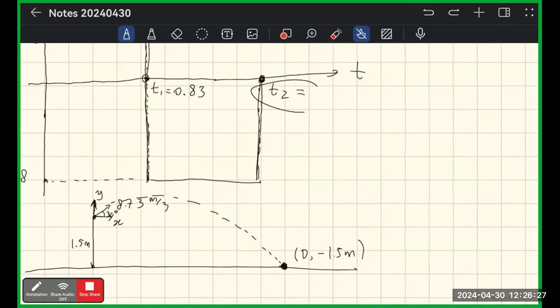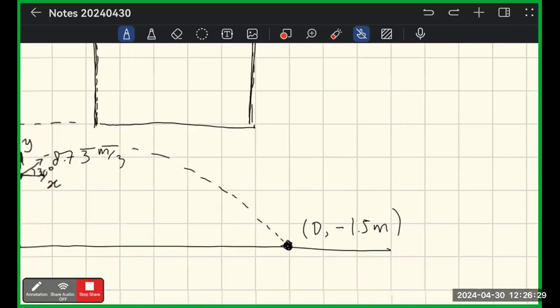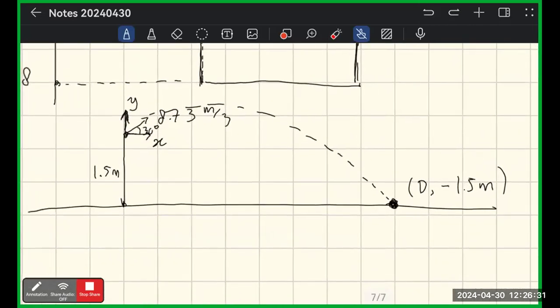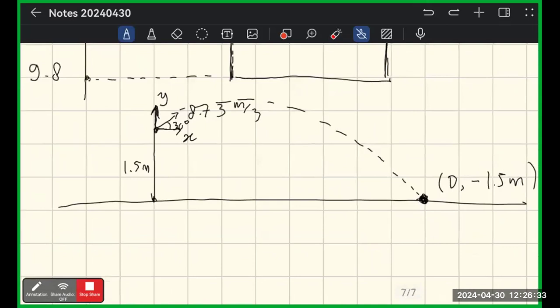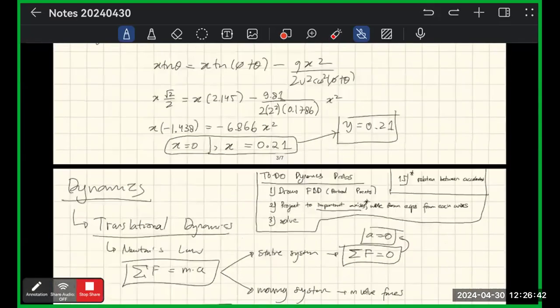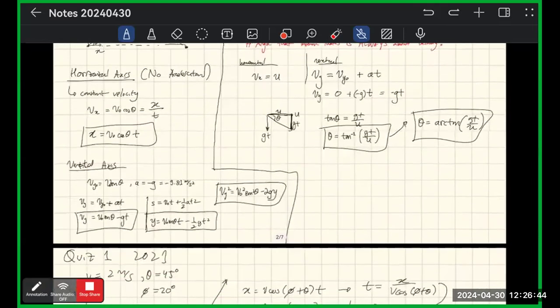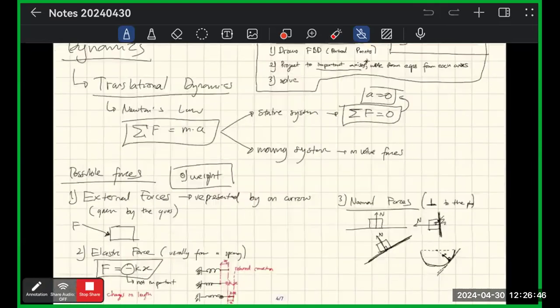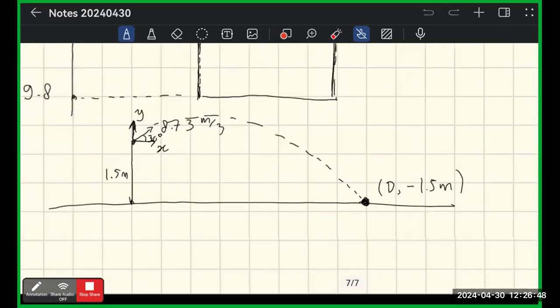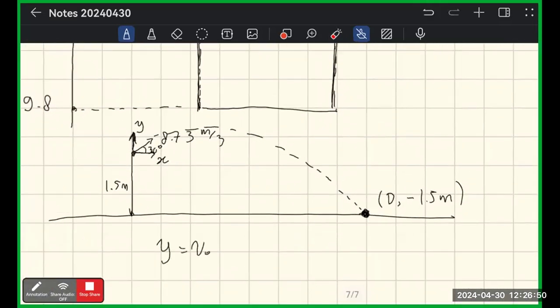We use the equation for parabolic motion: y equals v naught sine theta times t minus half of g t squared.